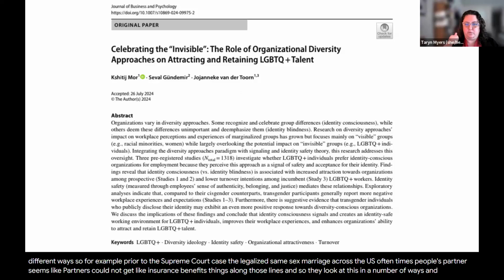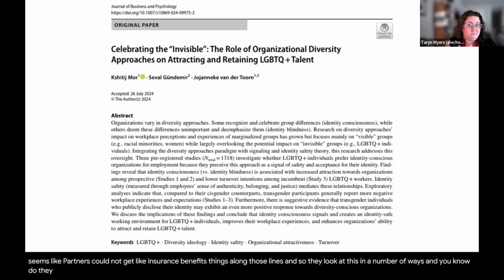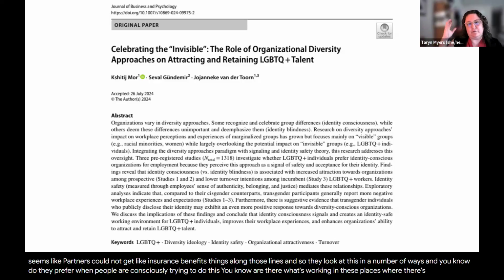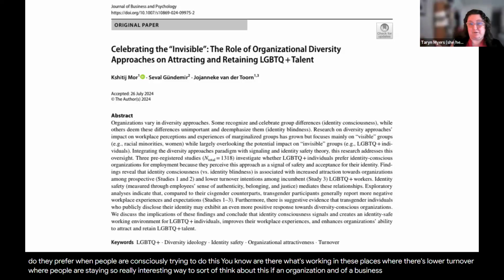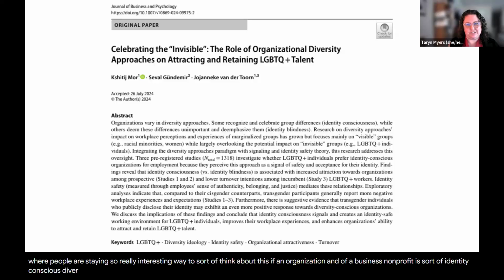And, you know, do they prefer when people are consciously trying to do this? Or, you know, what's working in these places where there's lower turnover, where people are staying? So really interesting way to sort of think about this. If an organization, a business, a nonprofit is sort of identity conscious, diversity conscious, what difference does that make?